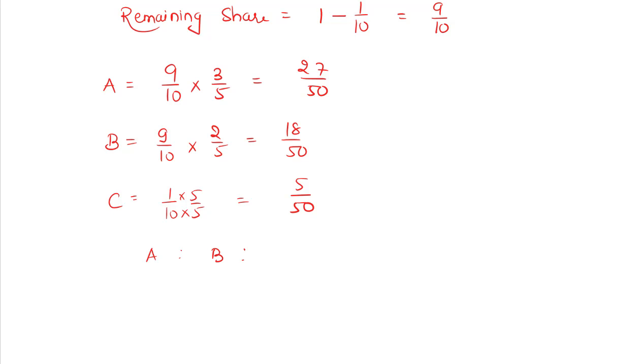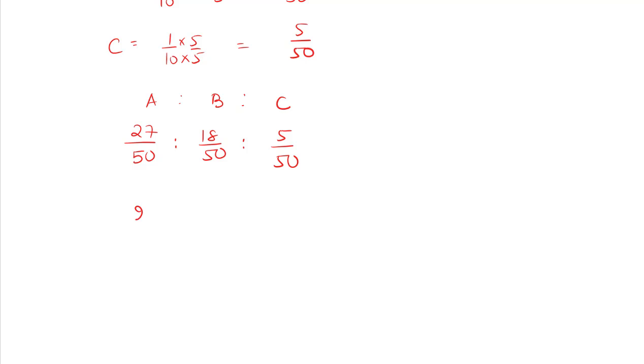A is to B is to C: 27 by 50 is to 18 by 50 is to 5 by 50. So the new ratio is 27 is to 18 is to 5.